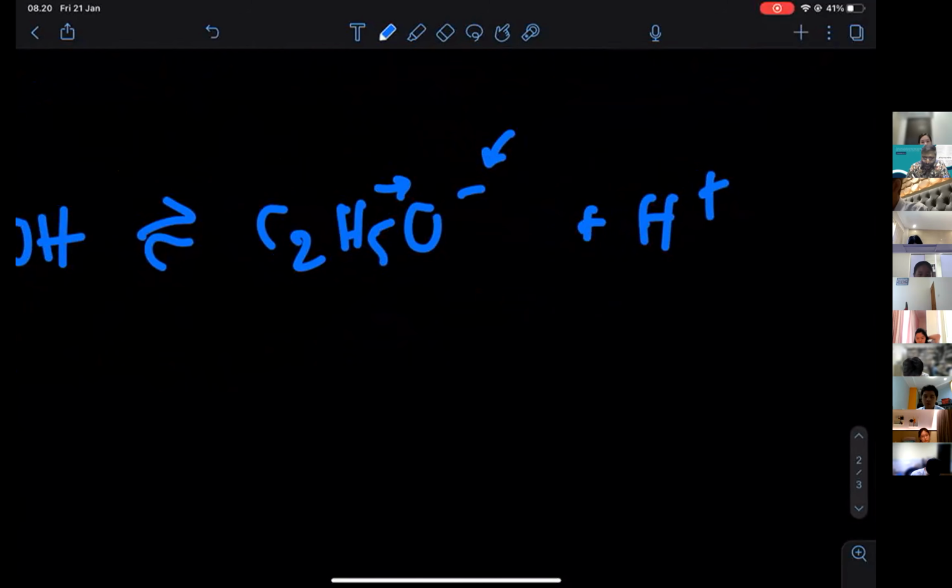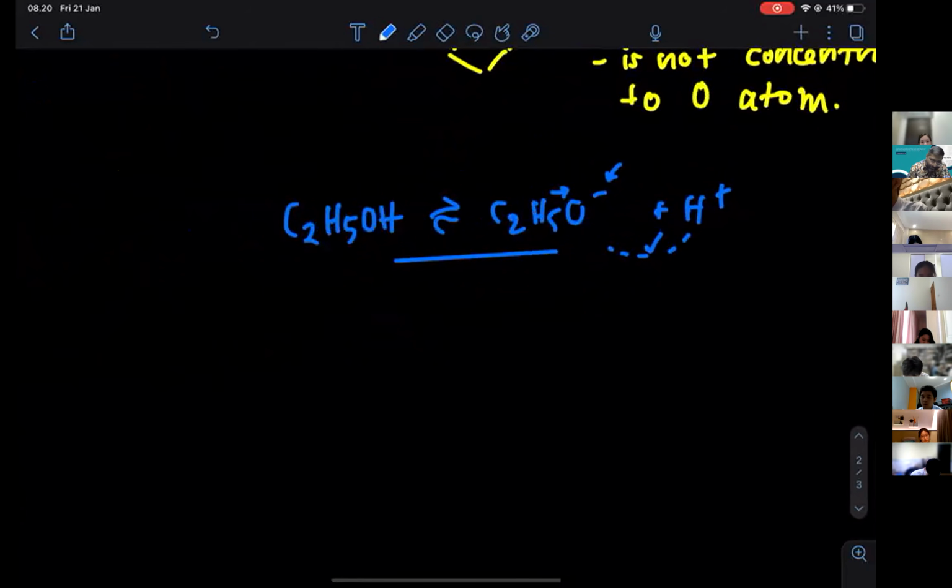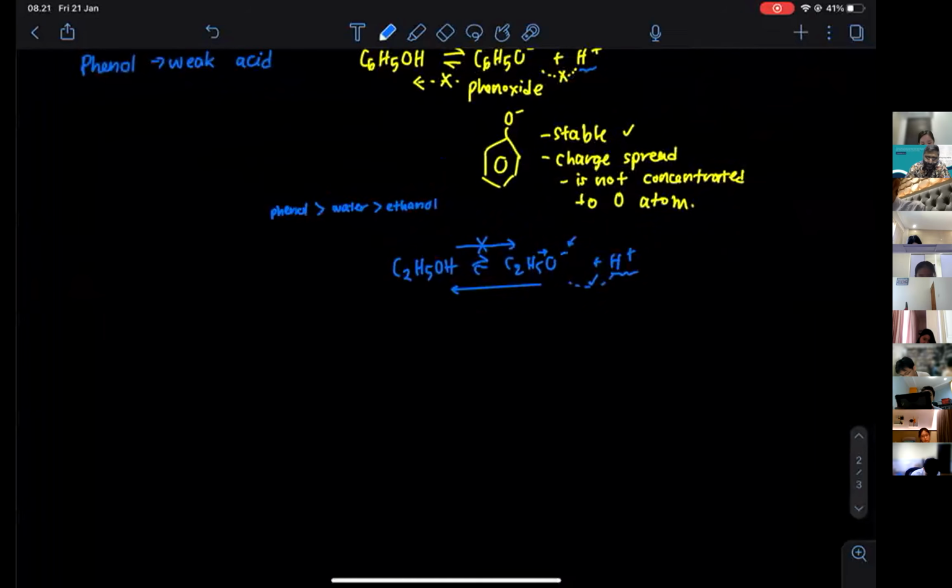When it is more, the reaction to form ethanol is favored, which means the forward reaction is not favored. So the concentration of H plus is decreased, and it is less acidic. That explains why phenol is more acidic than water, and why ethanol is less acidic. That is the explanation about phenol.